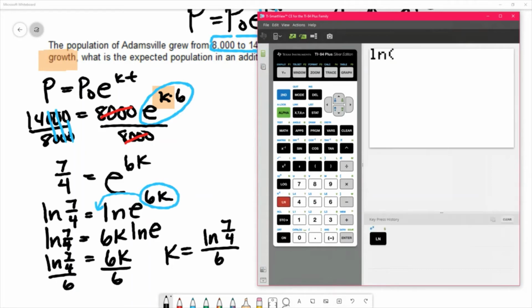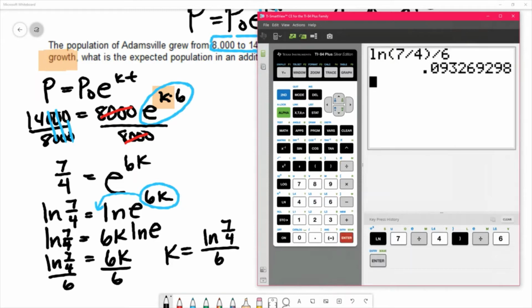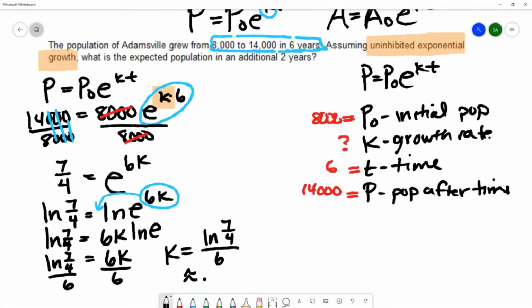So natural log of 7/4 over 6 gives me 0.093. Let's round to 3 decimal places. So approximately 0.093. So this is our growth rate.